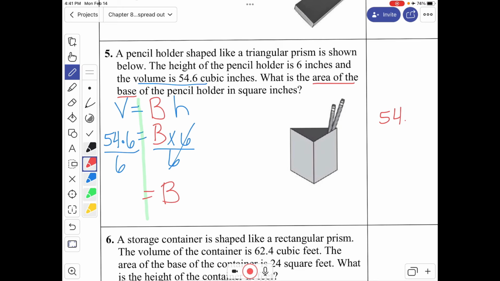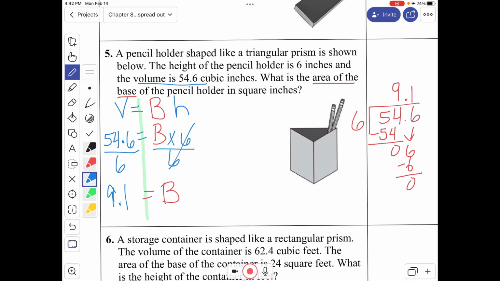And what is 54.6 divided by 6? 9.1. So the area of the base is 9.1 square inches.